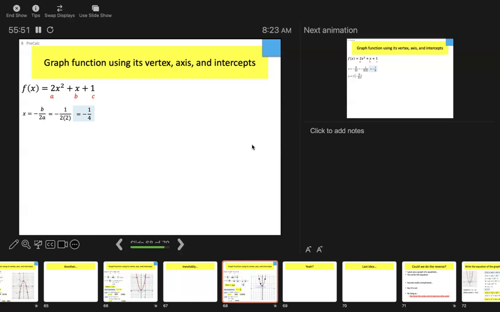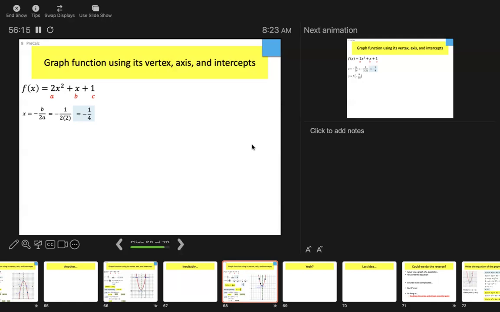Okay, what do we got to do with this? We have to square it, multiply by 2. So what's that squared? 1/16 times 2, which is 1/8. So scratch work. So we're going to get 1/8 minus a quarter plus 1. Common denominator?